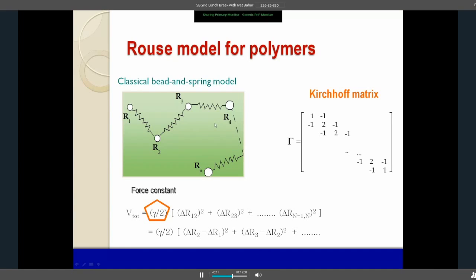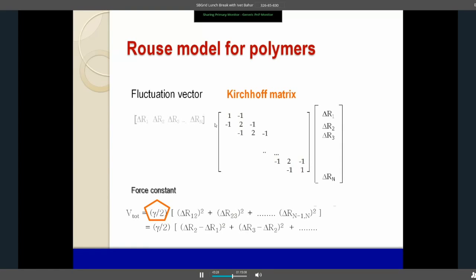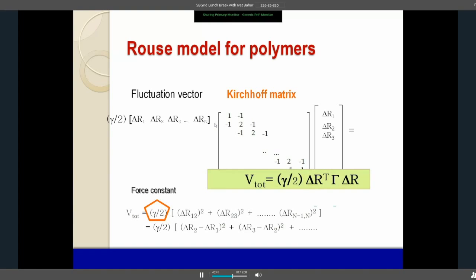Now, for this system, you can write the total potential as a sum of harmonic potentials, changes in internode distances, and it is possible to rewrite the total potential as a product of three matrices in terms of fluctuation vectors and the Kirchhoff matrix. So you can write the total potential in such a very compact notation.